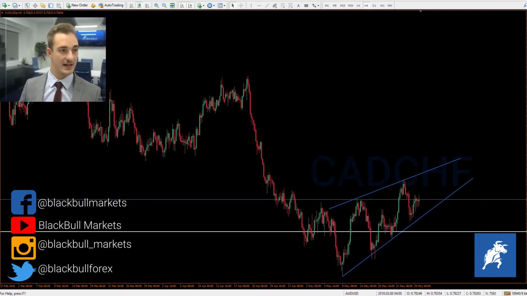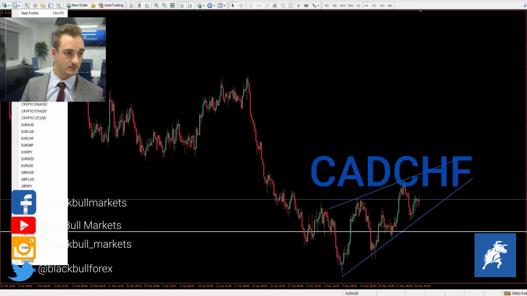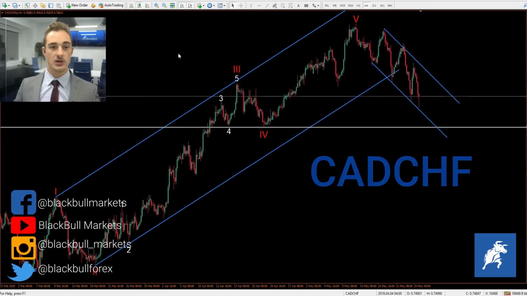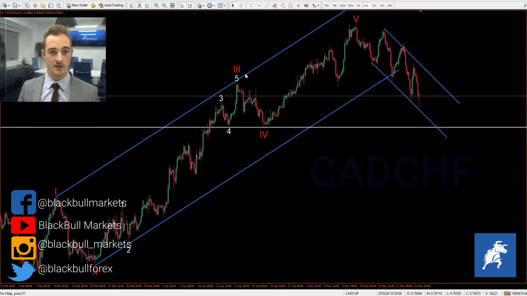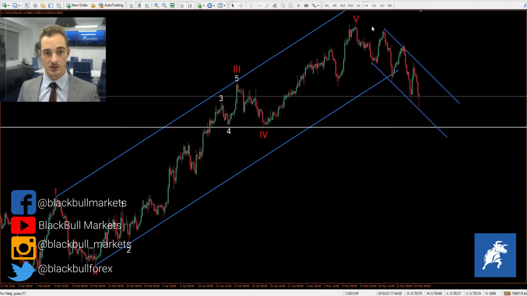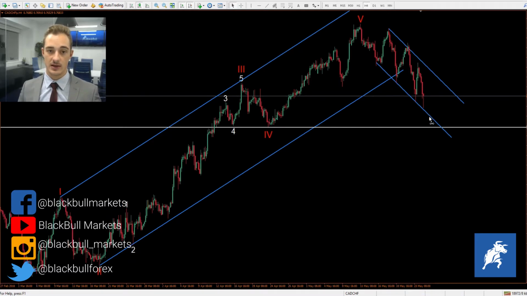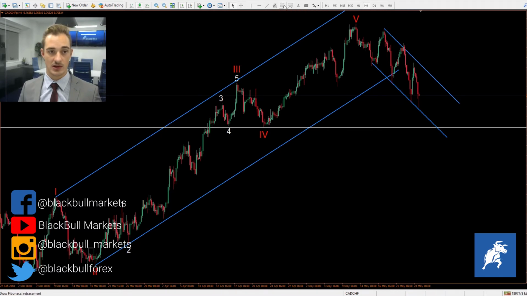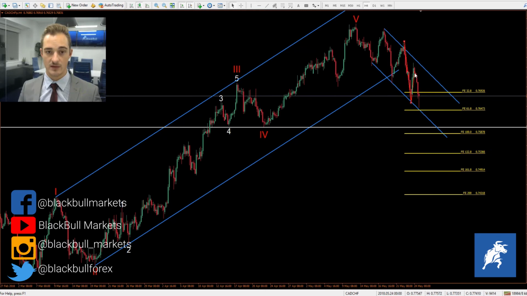So the next one is CAD Swiss Franc. You can see here a bit of Elliott wave analysis. You can see waves 1, 2, 3, 4 and 5, and a corrective pattern has started. This does look like a double zigzag coming down with WXY. So Y still needs to continue that move, hopefully to a potential level equal in length to the previous A wave.